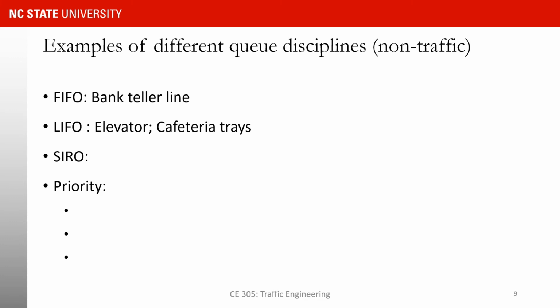Or when you have trays in a cafeteria, so you see that they put trays or plates on top of each other, right? So we pick the one that is on the top, and that is the last one that is put there. So if you think about these trays as customers, the last one that arrives at the queue is going to be the first one to be picked.